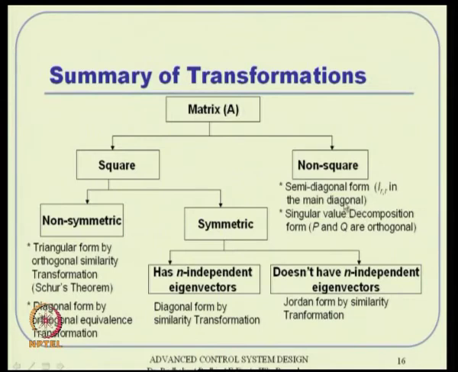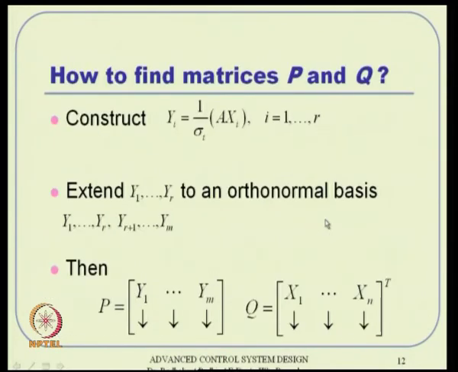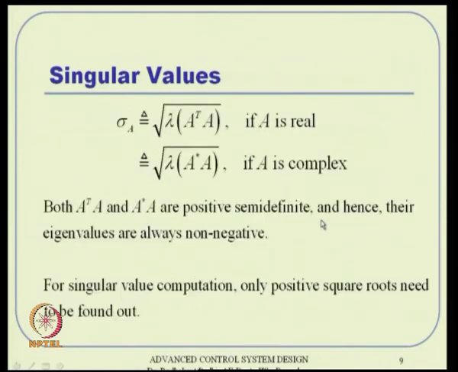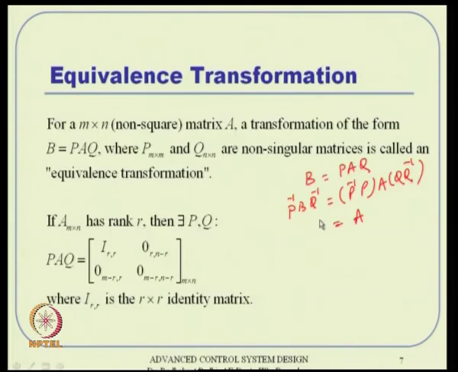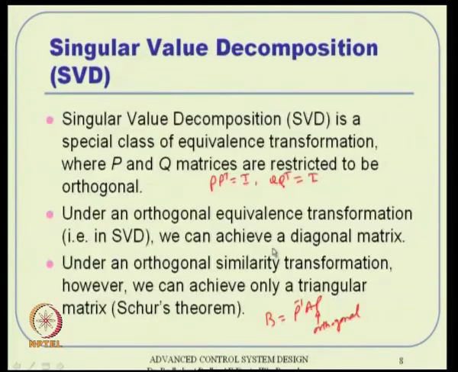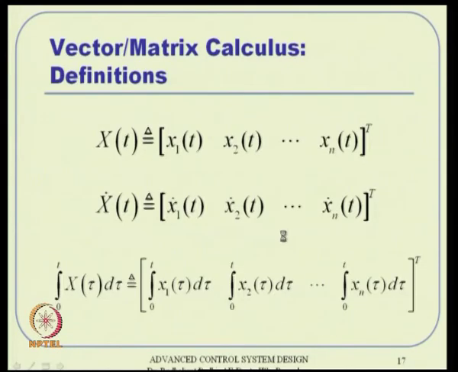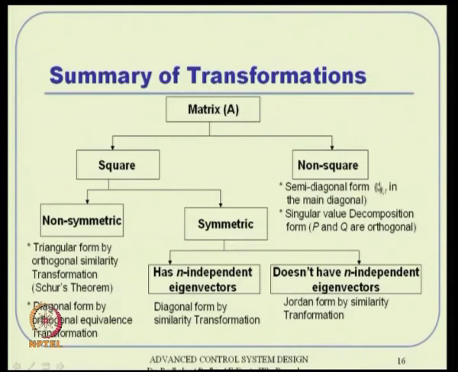Semi-diagonal form is the form that we discussed at the beginning, with the I being there in the main diagonal. Either you can go to that I_r in the main diagonal, that is a semi-diagonal form, or you can extend that and say, hold on a second, we can go ahead and carry out singular value decomposition.